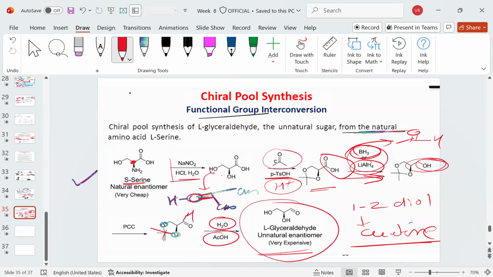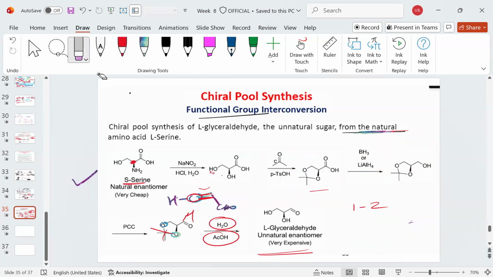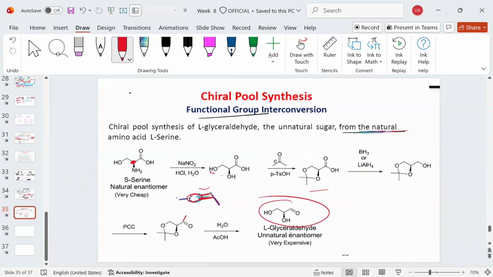So this is the synthesis route for the L-glyceraldehyde, which is an unnatural glyceraldehyde, right? And with this approach, as you can see, the chiral center we have carried from the starting material to the product. So this is the example of chiral pool synthesis.